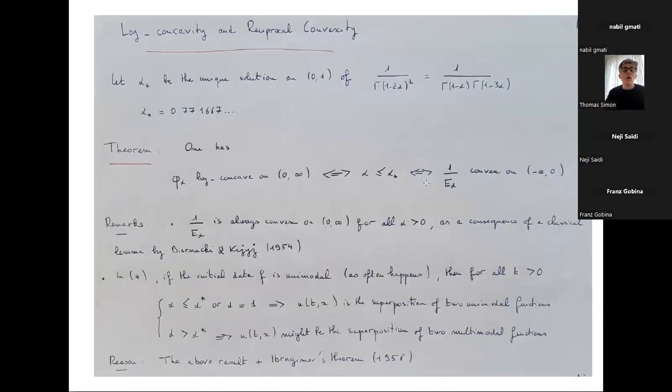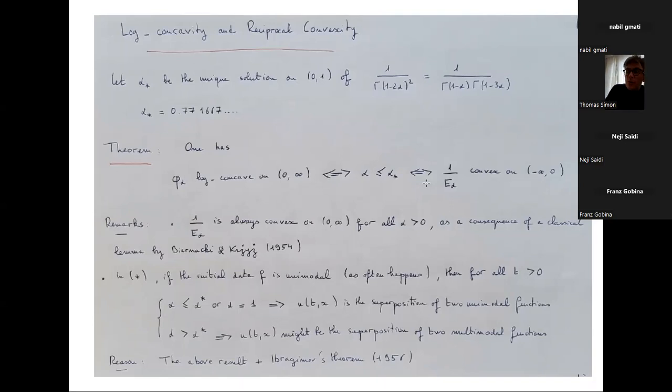So now I want to present some of the results I have discovered on this function and on this random variable. I wanted to present the result abruptly and then discuss it.